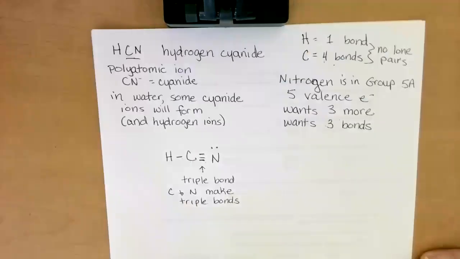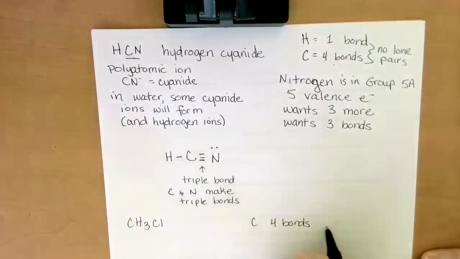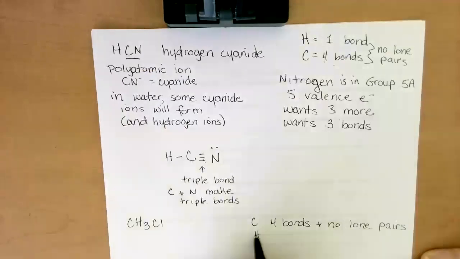The next structure is CH3Cl. Carbon, 4 bonds, no lone pairs. Hydrogen, 1 bond, and no lone pairs.